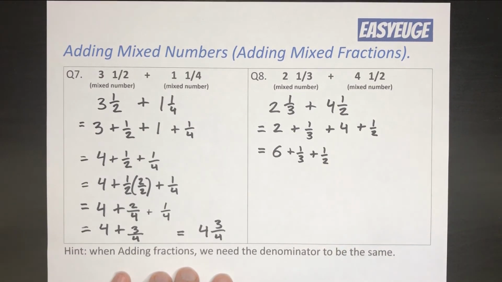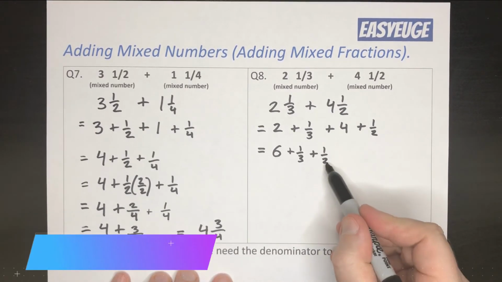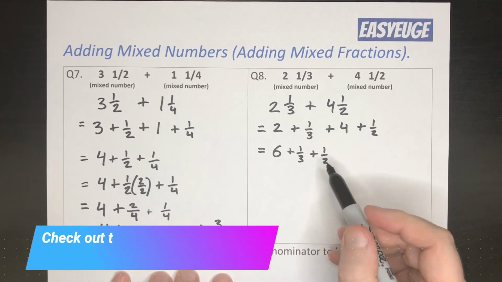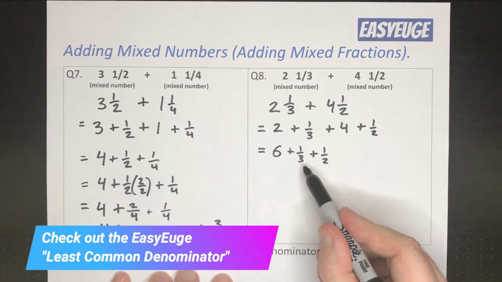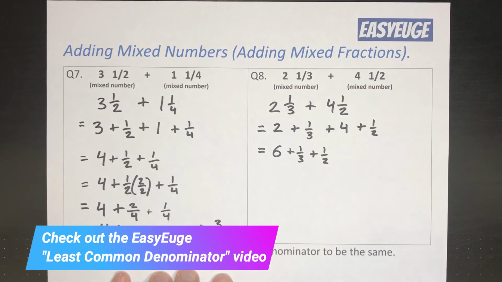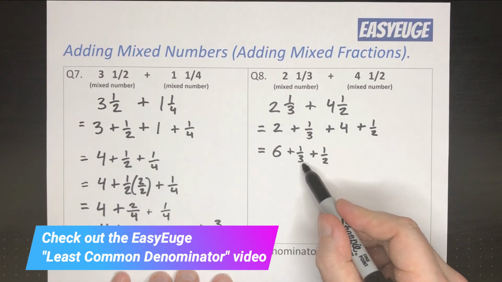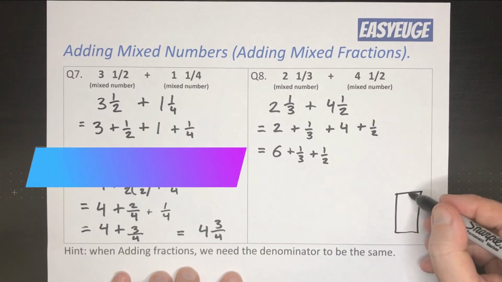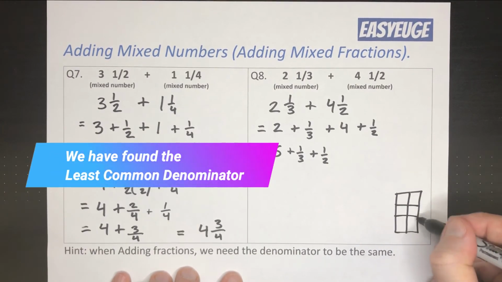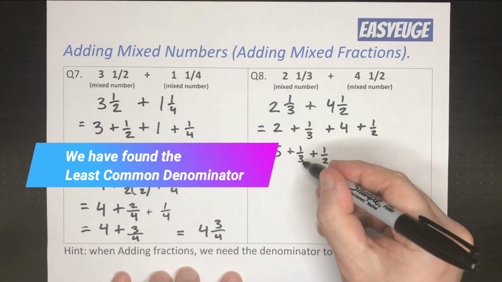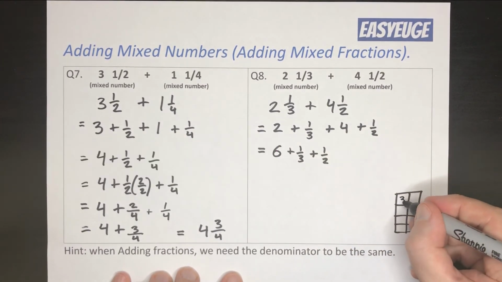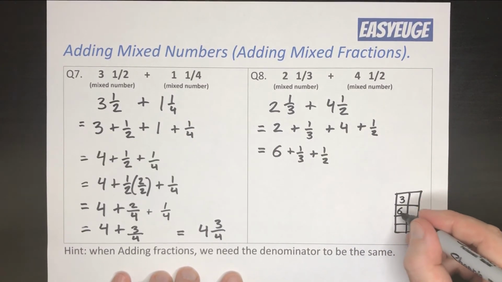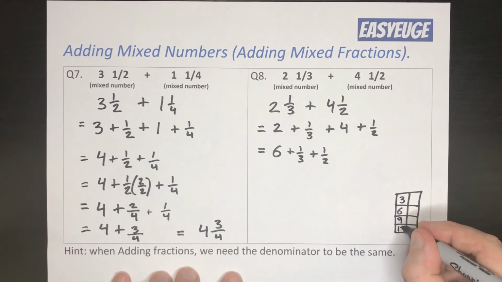We need to use our least common denominator method to change each of these fractions into something where they have a like denominator. So what can we do to the 3? So let's build a little table over here for our least common denominator. Let's take that 3. Let's look at all the multiples of 3. 3, 6, 9, 12.